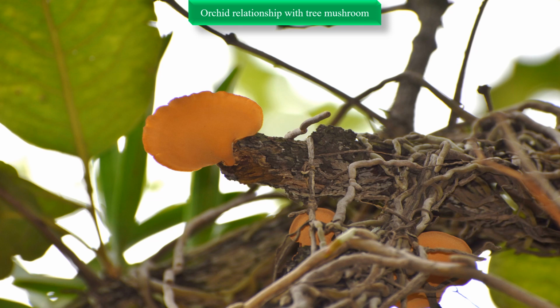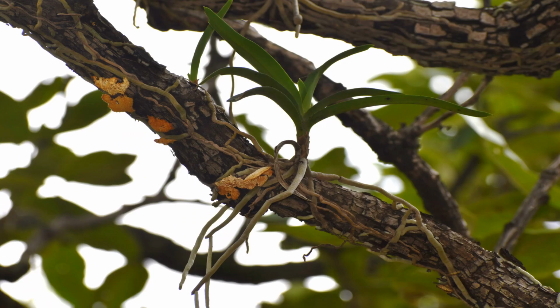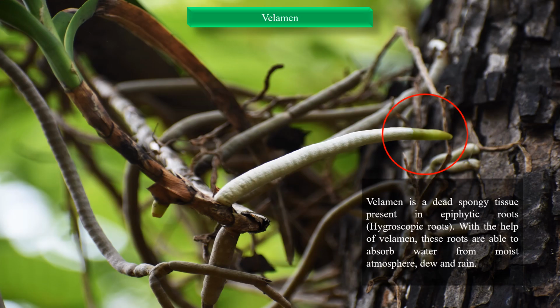Then here you can see some other relationships, with tree mushrooms. Tree mushrooms grow in places where orchids are present. As you know, orchids don't take their food, nutrients or water from the tree, so where do they get water and nutrients from? It is velamen.